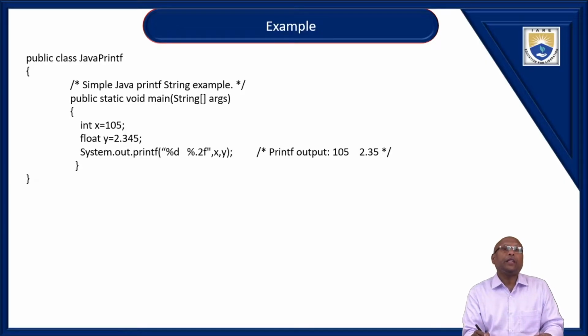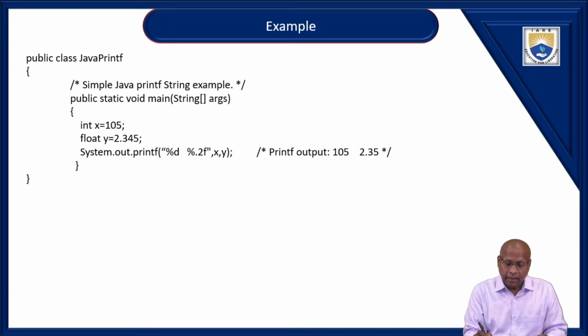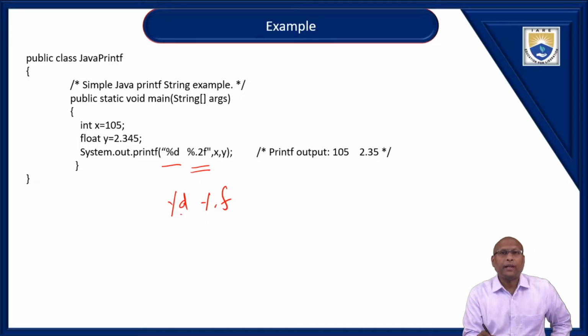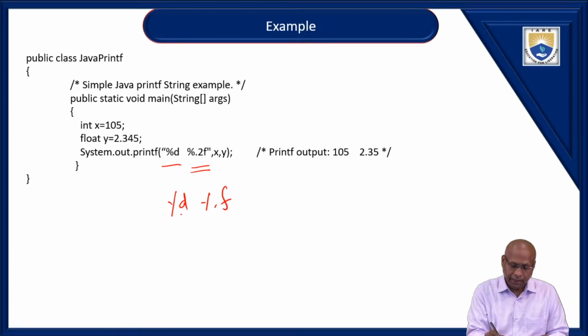Next, you can display the integer data as well as the decimal format data with the help of %d and %f. D for decimal integer and F for your float variable data. So whenever you want to display decimal integer or float data, you can use %d or %f.